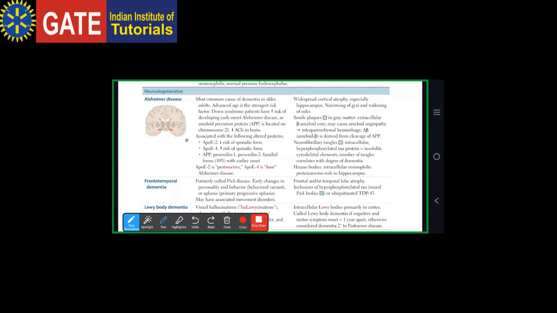All these insoluble microtubule proteins are going to be tangled with each other. In the first concept, the APP is being accumulated. In the second concept, the microtubule tau protein is not secreted out. It's a hyperphosphorylated tau protein, so it's forming tangles inside, and therefore you have neurofibrillary tangles.